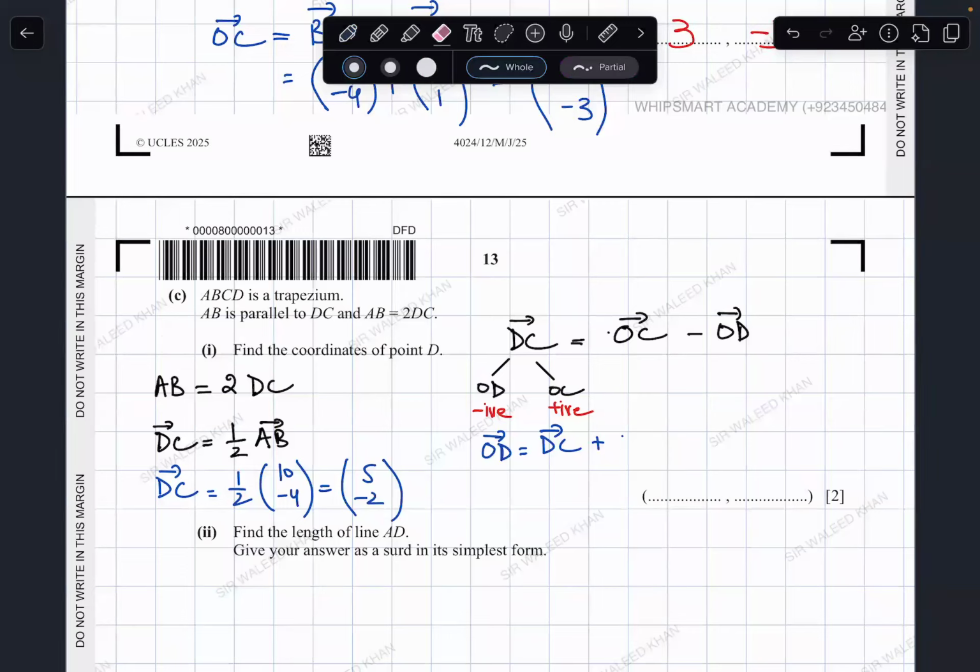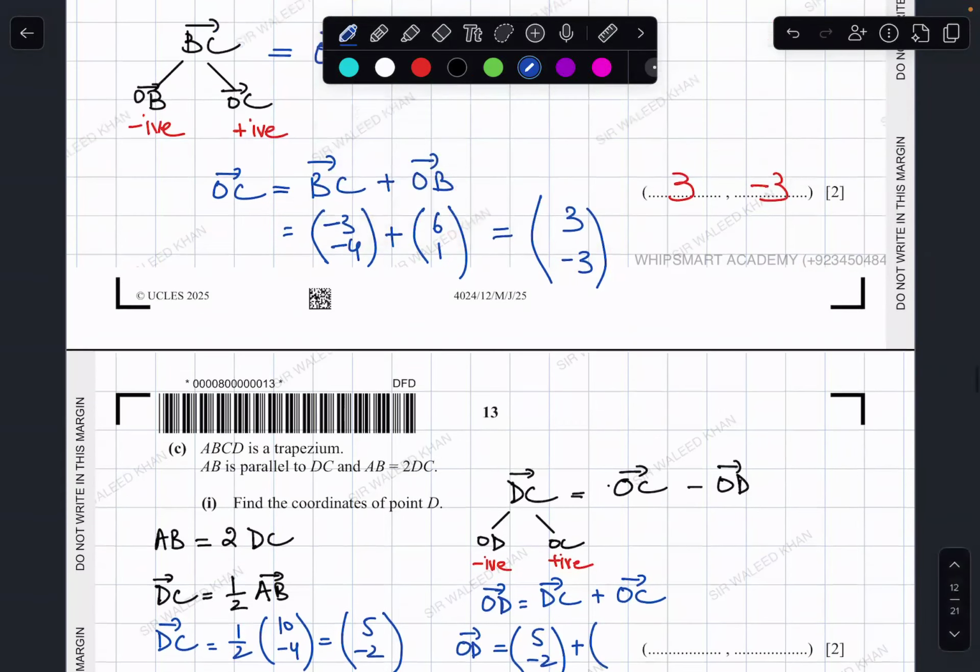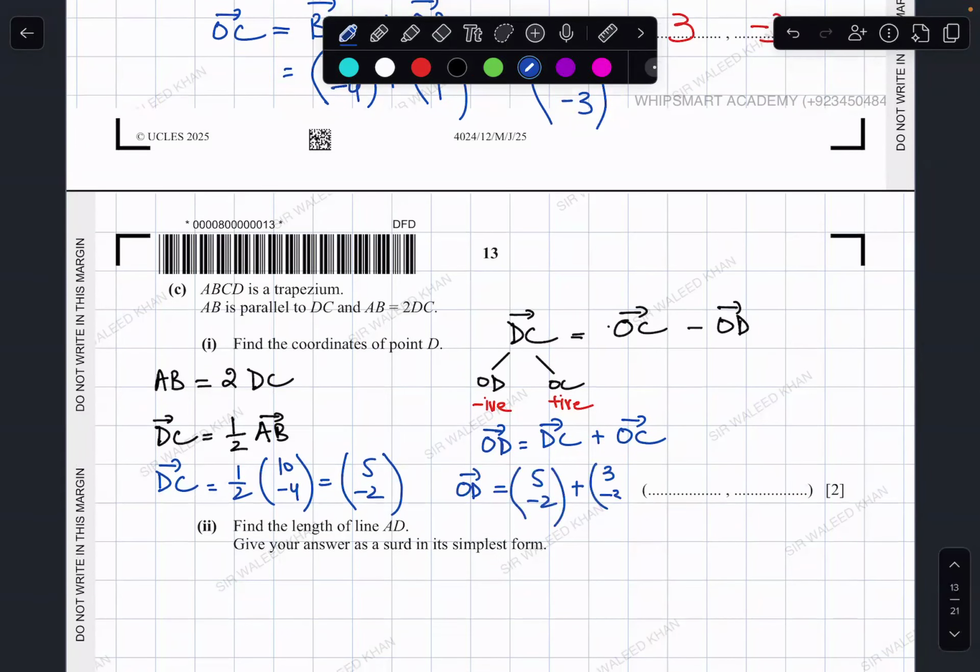Now, you can do it directly. So OD is equal to DC is 5 and -2, and OC we just found out, 3 and -3. So we are going to have OD as 8 and -5.